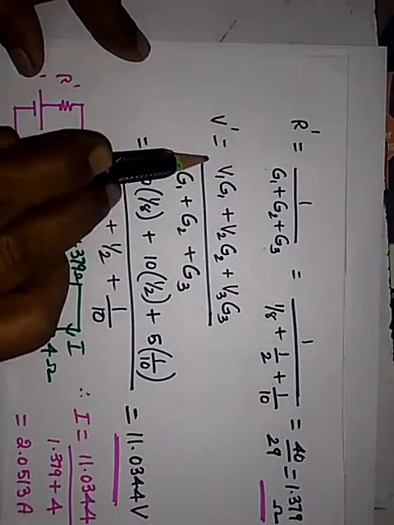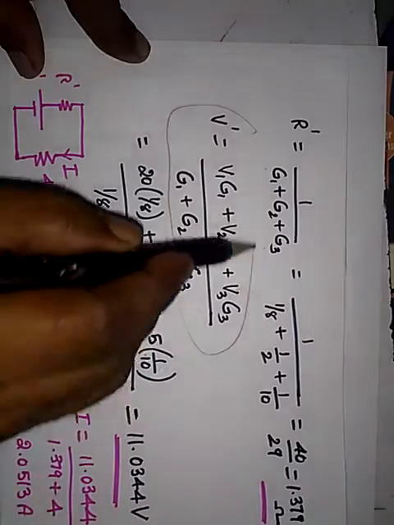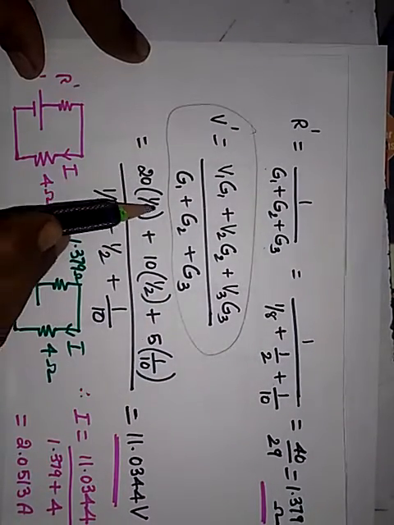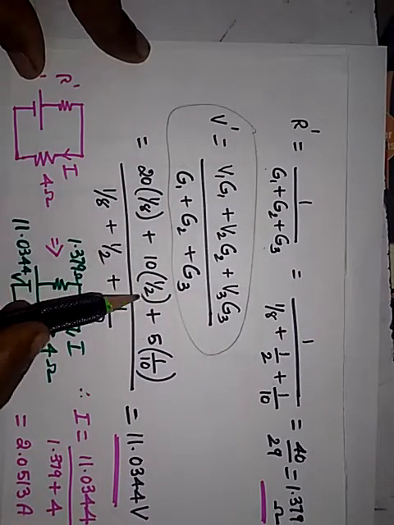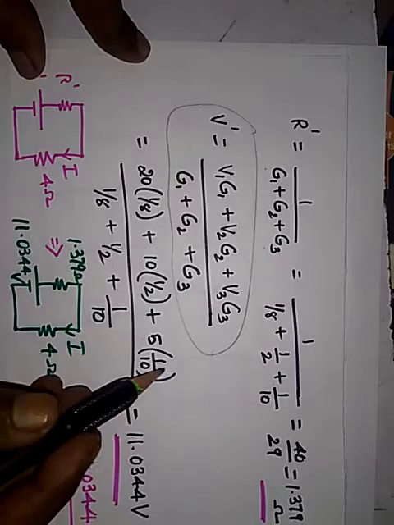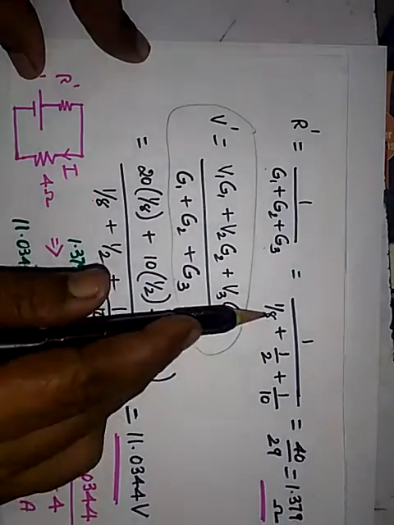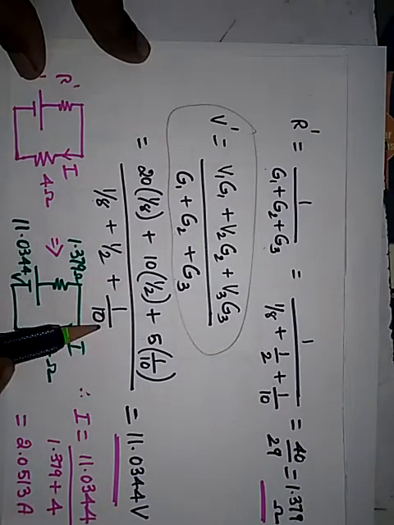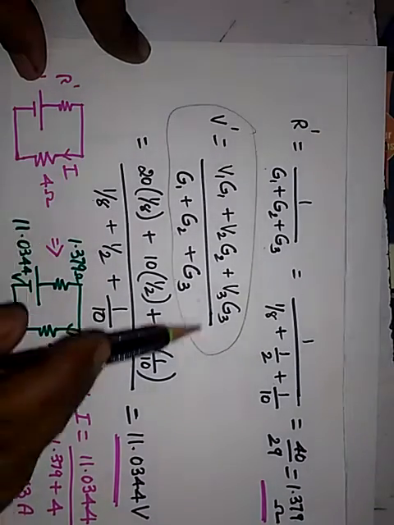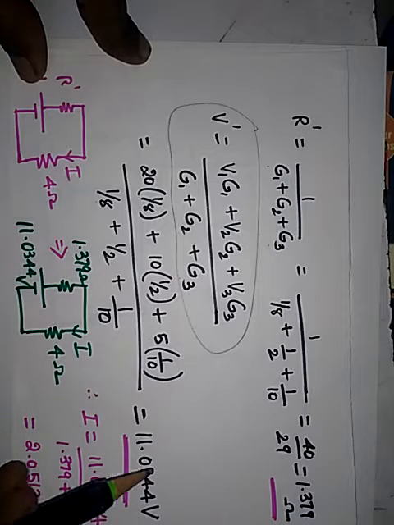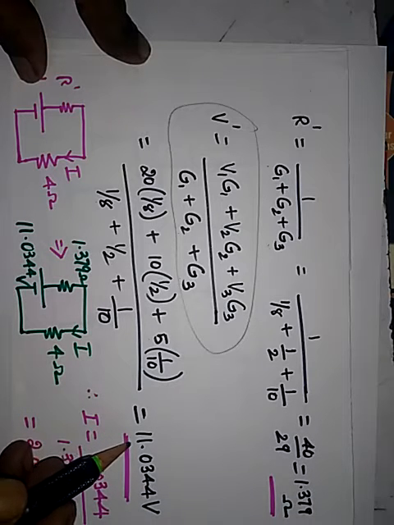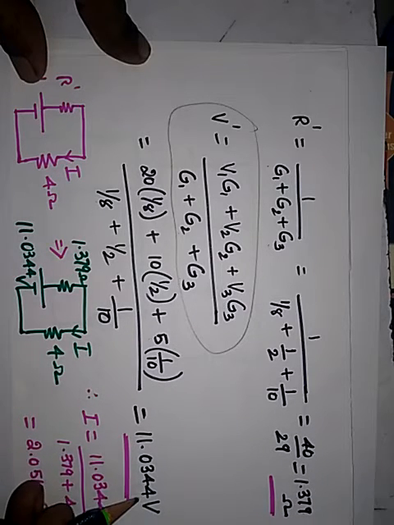Based on this formula, V dash is V1 G1, 20 into 1 by 8, plus V2, 10 into 1 by 2, plus V3, 5 into 1 by 10, divided by G1 plus G2 plus G3, which is 1 by 8 plus 1 by 2 plus 1 by 10. You write it as it is. Now if you simplify this equation, you will get V dash as 11.0344 volts.